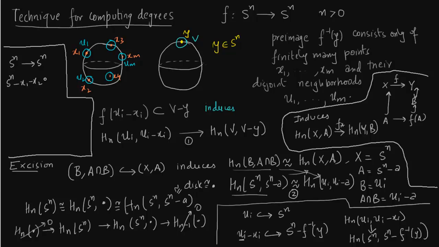So consider this other map which I have started drawing on the left side. Take 2 points out of Sn on the left side and take a single point out of Sn on the right side. So we will have the following map, again induced by the inclusion maps.